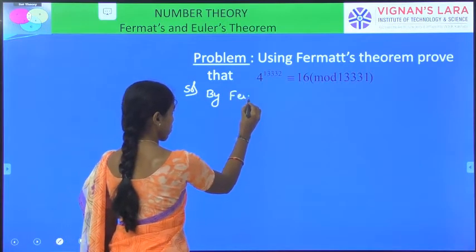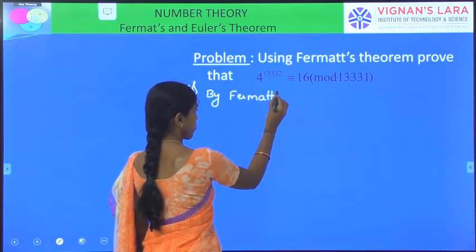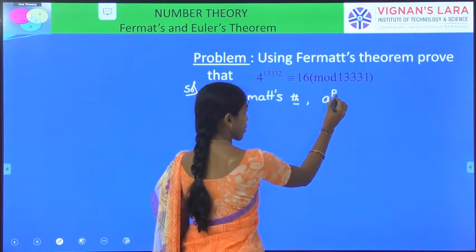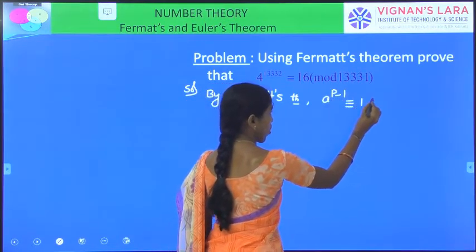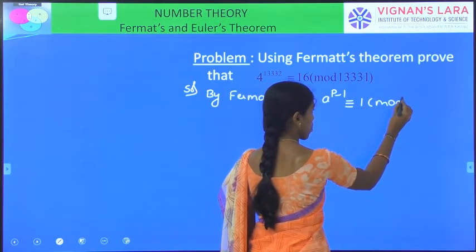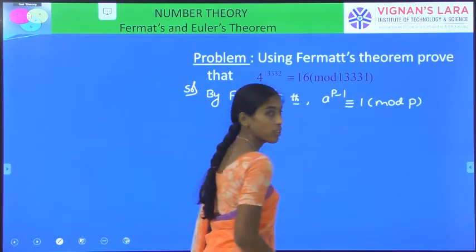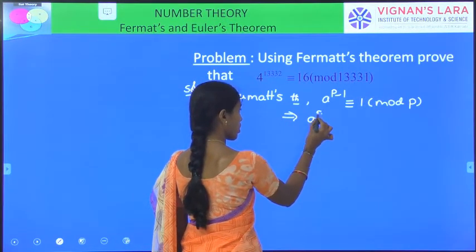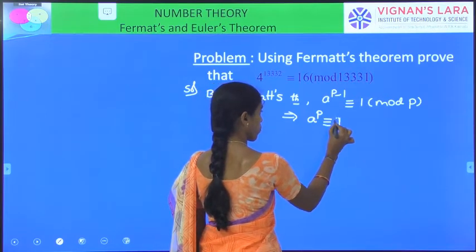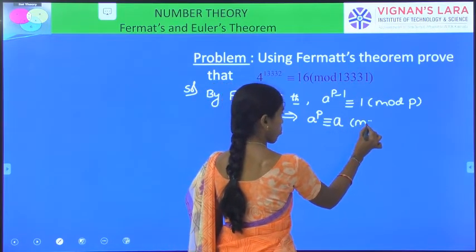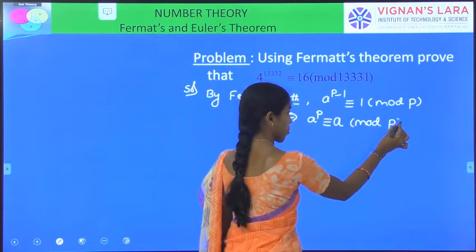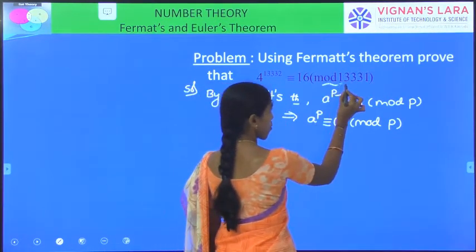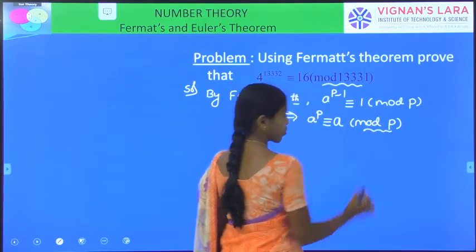By Fermat's theorem, A to the power P minus 1 is congruent to 1 modulo P, right? Or the same thing can be written as A to the power P is congruent to A modulo P, the other way of stating Fermat's theorem. From this we can identify that it is also modulo P.